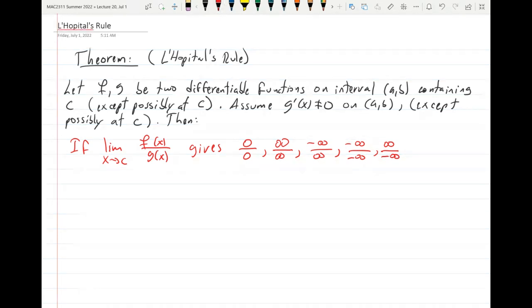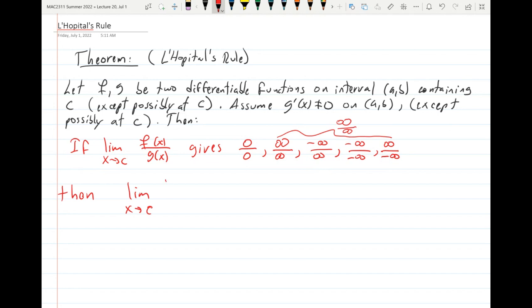So if any of these forms happen, remember, colloquially we just refer to all of them as infinity over infinity from now on. So whenever I say infinity over infinity, I mean any of these four. So if this limit gives 0 over 0 or infinity over infinity, then we can actually replace this limit by the limit of the derivative of the top and bottom.